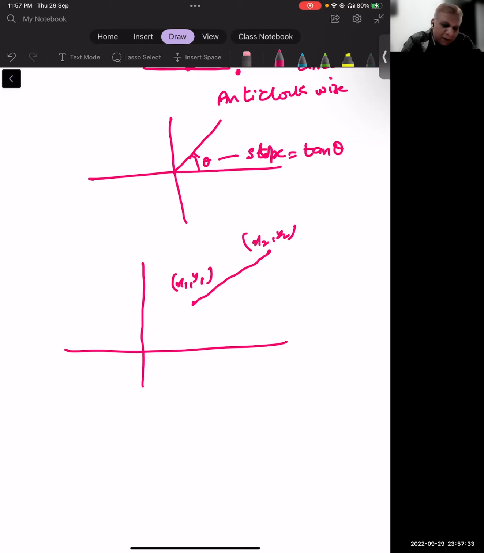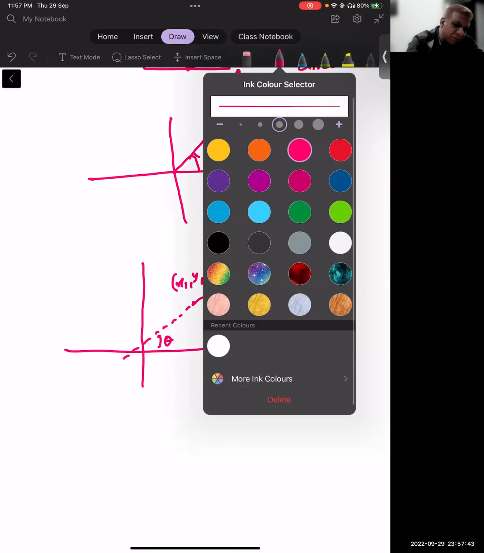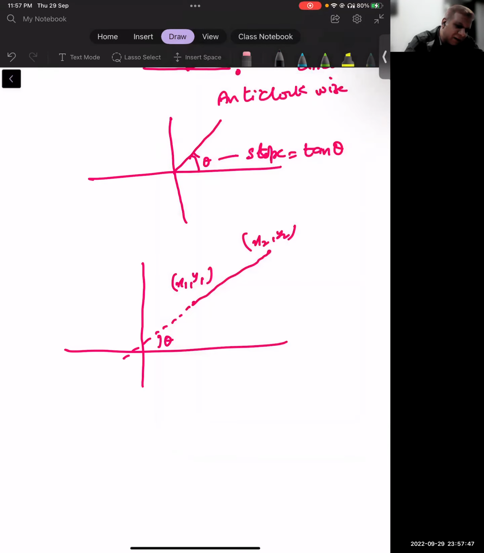That means whatever angle this is making with the positive direction of x-axis, that I have to calculate. But what we have, we don't have the full line. This line is only up to this point. Now I have to extend it up to the x-axis.